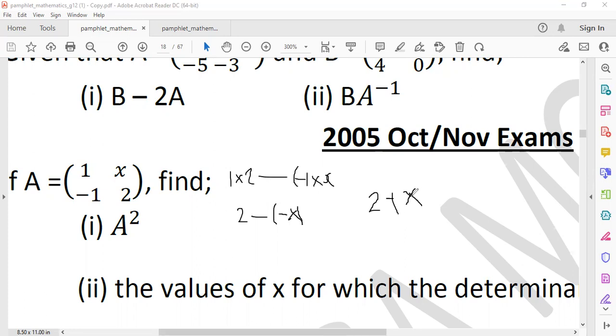So I have just found an expression for the determinant of a, not a squared, but just that of a only.